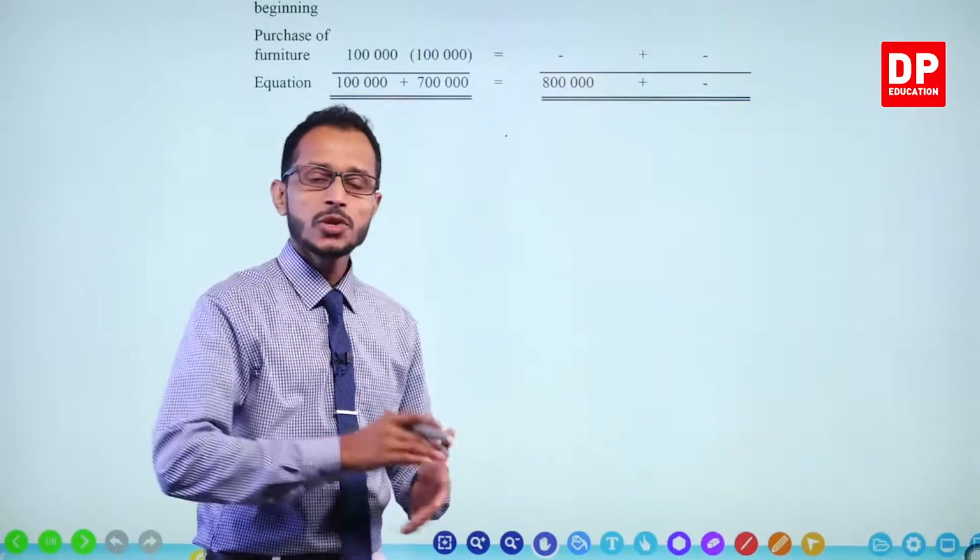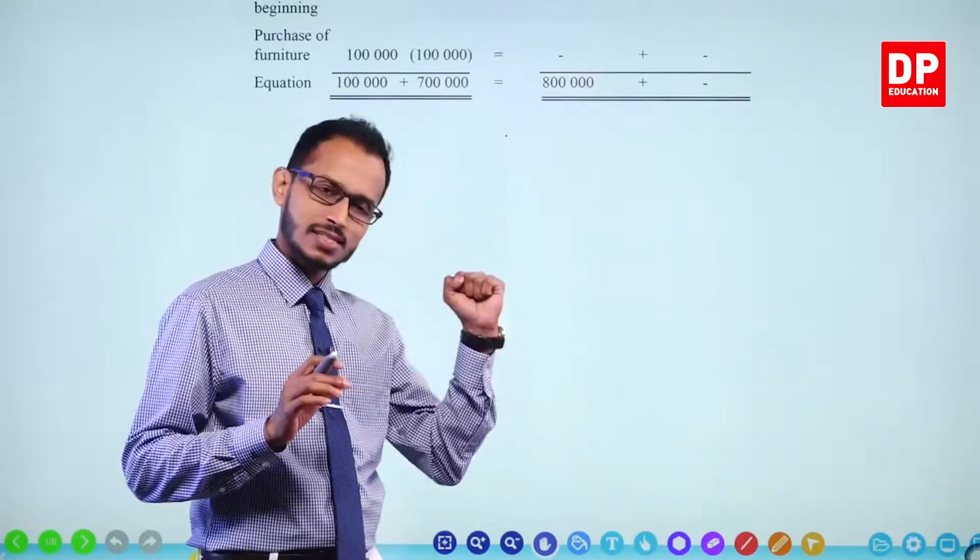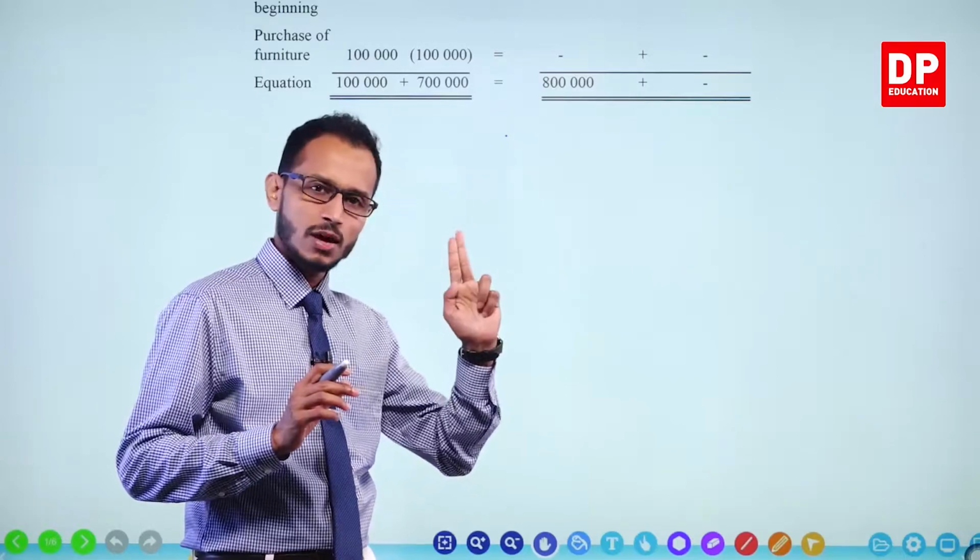In the previous session, I told you there is the simplest version of the accounting equation.